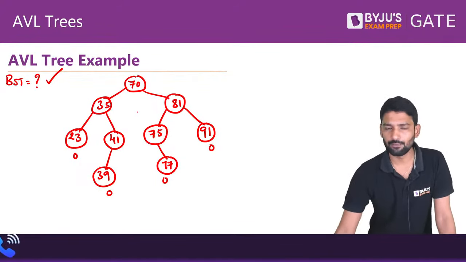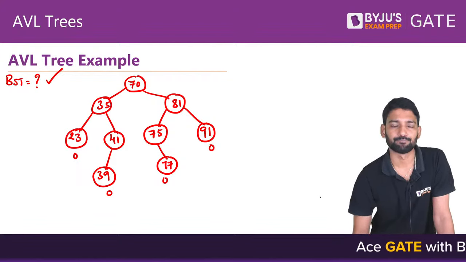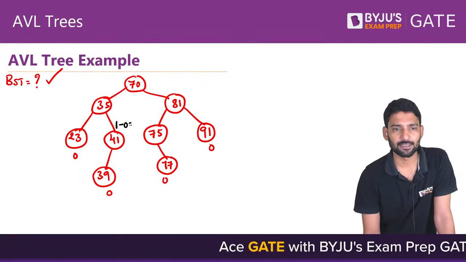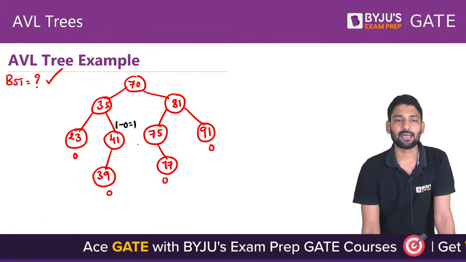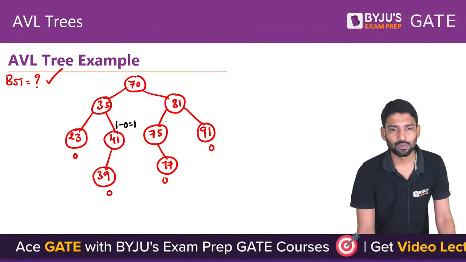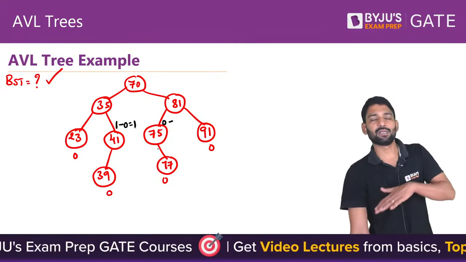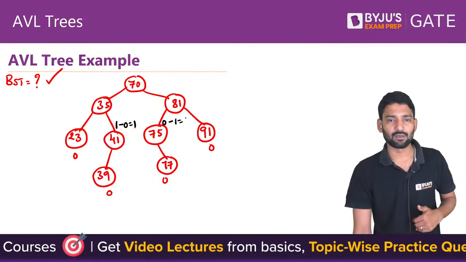So 41 balance factor would be 1 minus 0, 1. 75 has no left child. So left subtree height is 0 minus right one, 77 is at height 1. So 0 minus 1, minus 1.